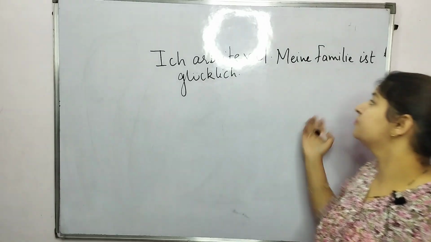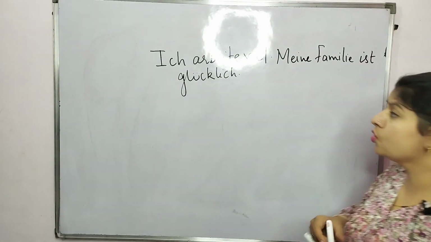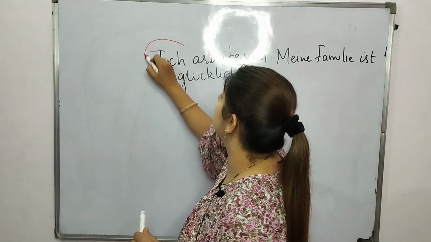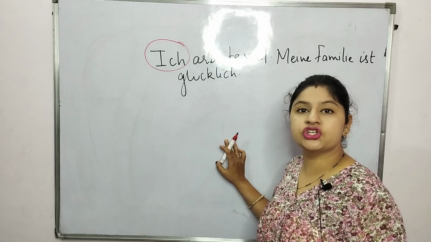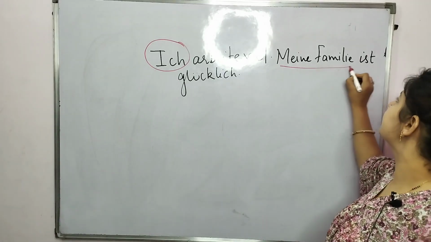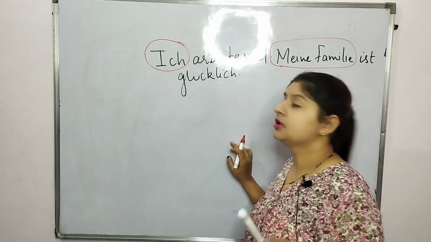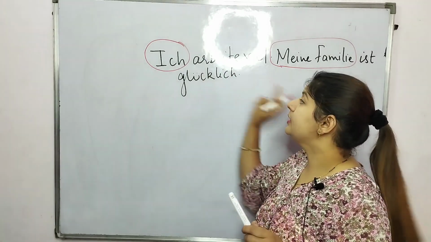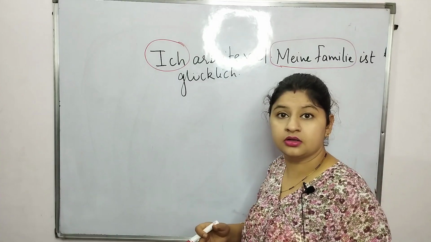If you see here, in the first sentence the subject is ich, and in the second sentence the subject is meine Familie. So in both sentences, the subject is different.